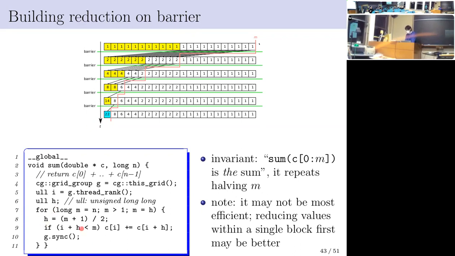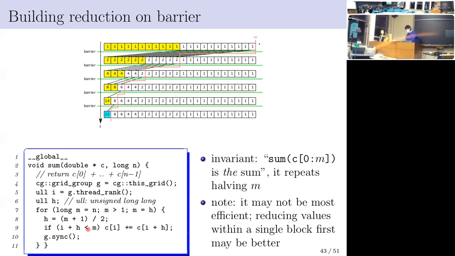So in terms of the code, it looks like this. Each time, actually, you halve the number of elements. So you approximately halve the number of elements, and in the next iteration, the number of them becomes half of the original one.